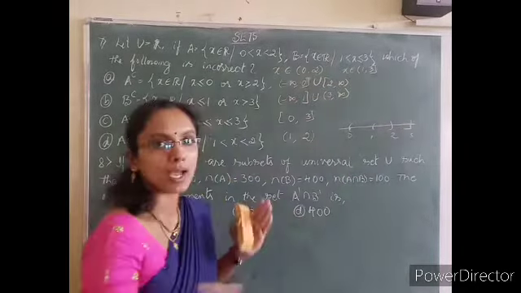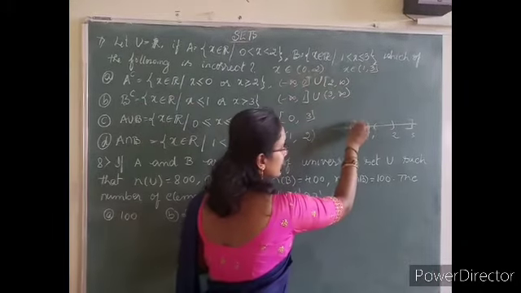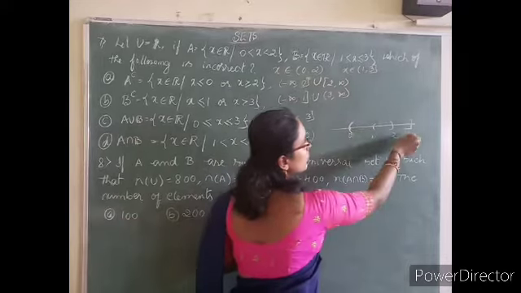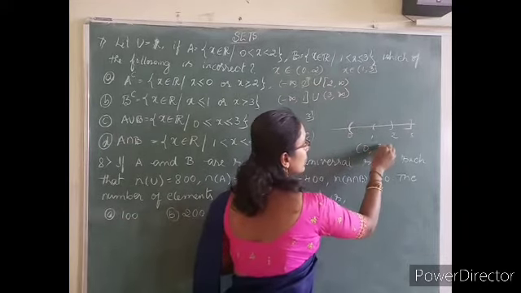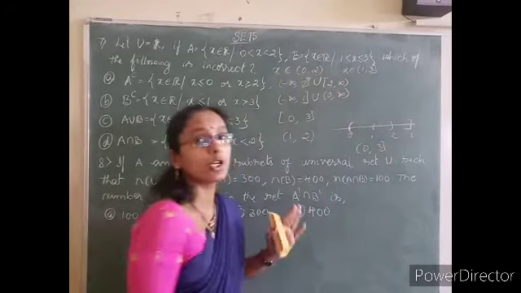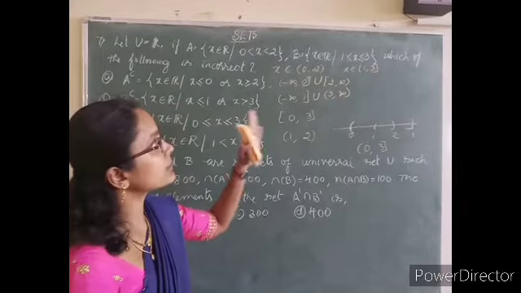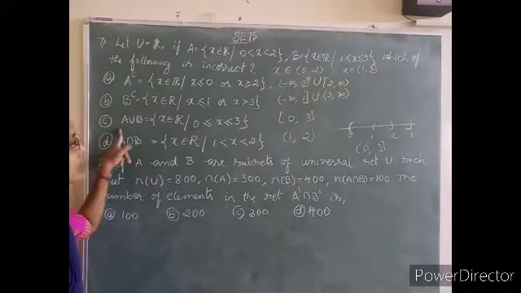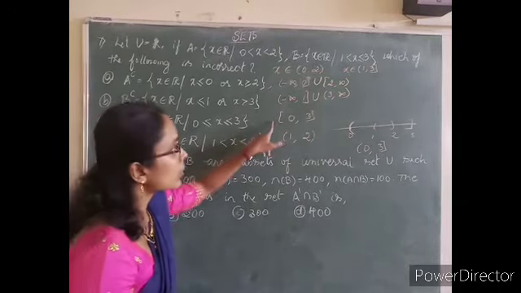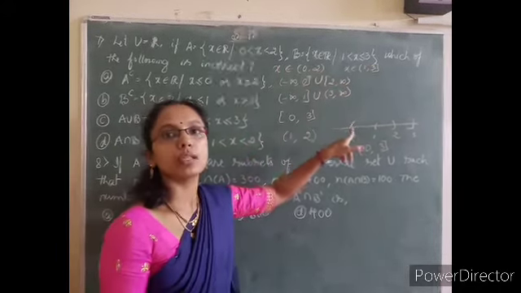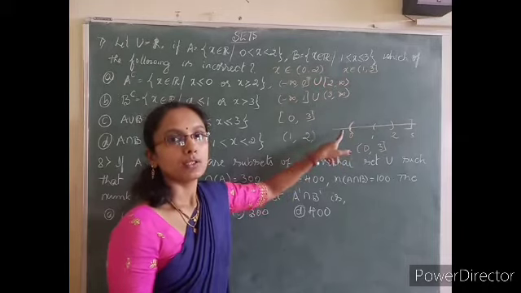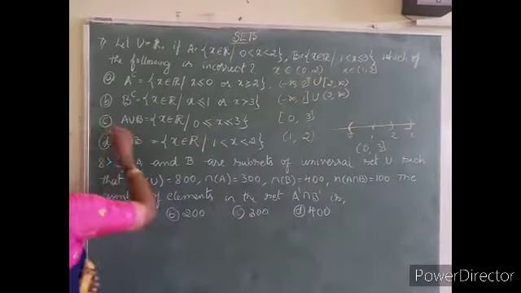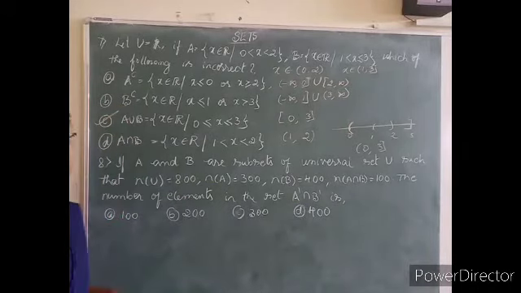Union means you have to combine. So 0 is excluded here actually. The open interval 0 to 3 is the union of these two sets A and B. But according to this option, the closed interval 0 to 3 is the union, but 0 is not included. Therefore this is the incorrect statement.